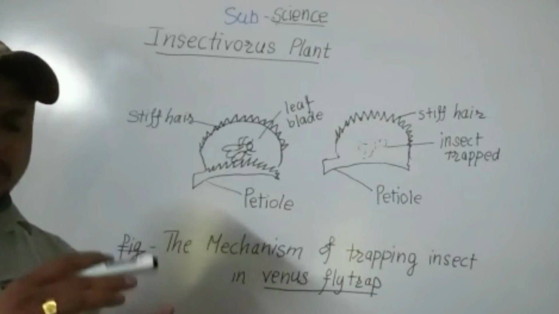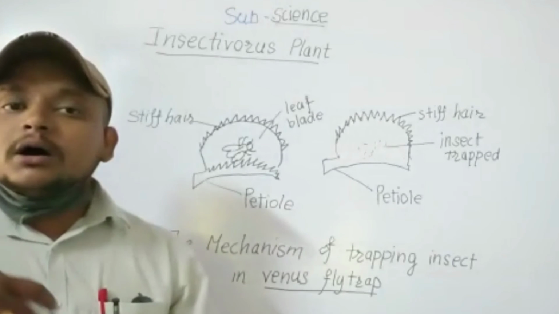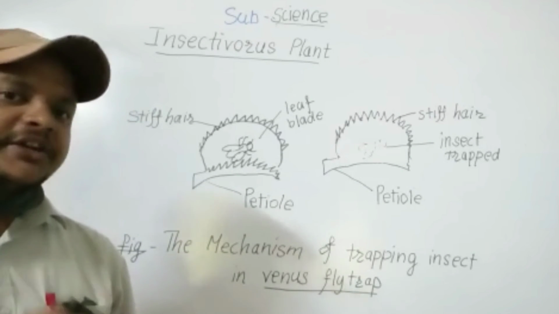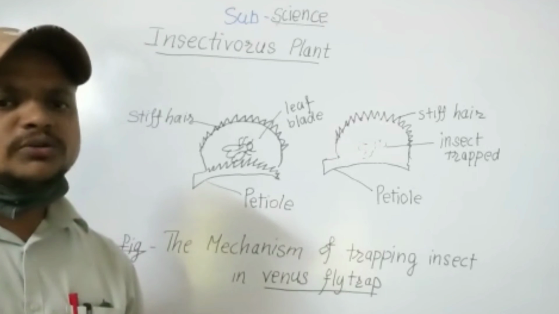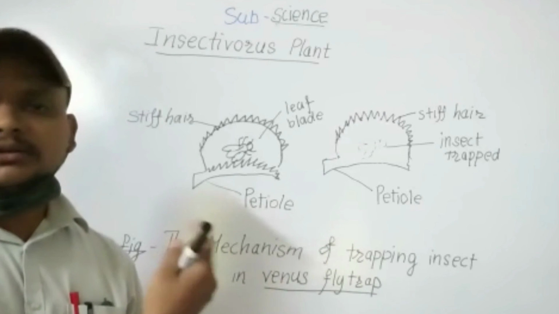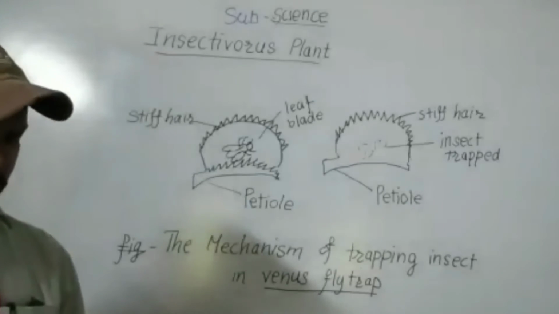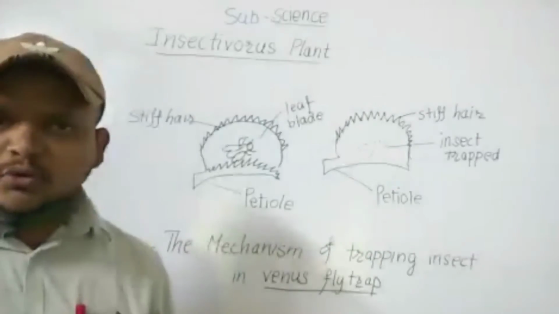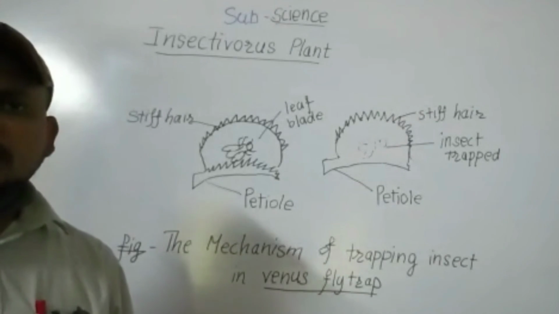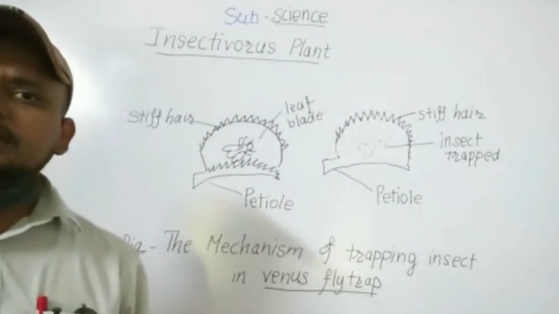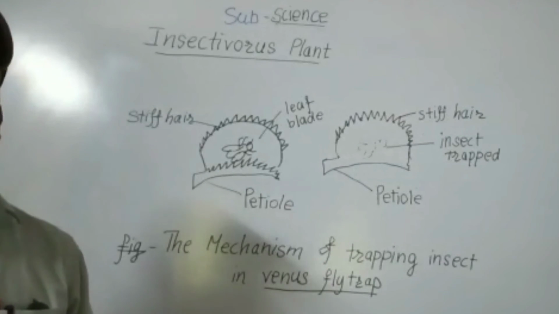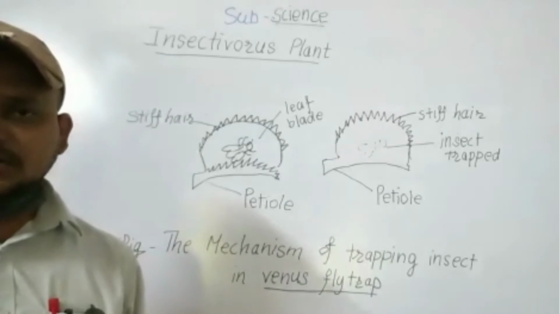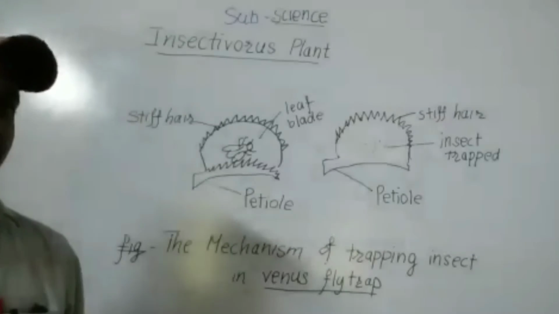Likewise, parasitic plants grow on another plant, penetrate their roots into the host, meaning the other plant's stem, and take water, minerals, and whatever food they need. They do photosynthesis also, but mostly depend on their host plants. Such plants are called parasitic plants.